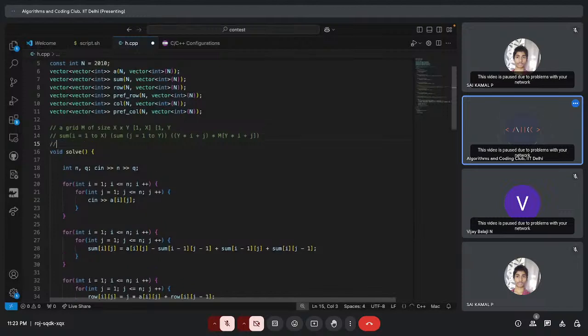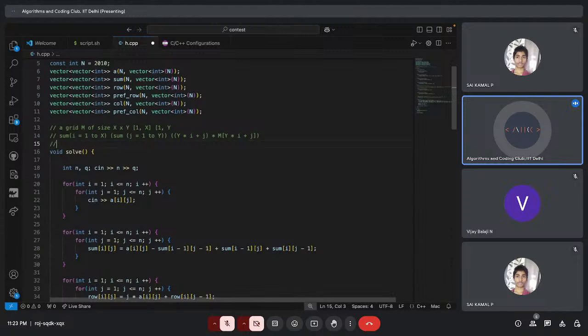So the idea was to separate the row component and the column component of the matrix. The row component is of the form i times m(y i + j), and the column component is j times m(y i + j).